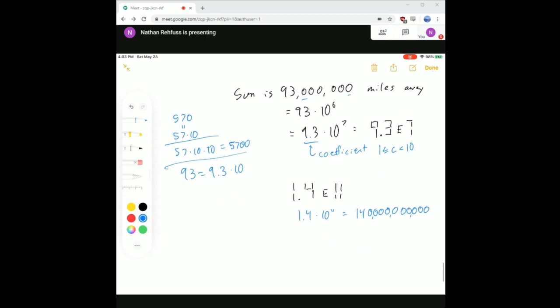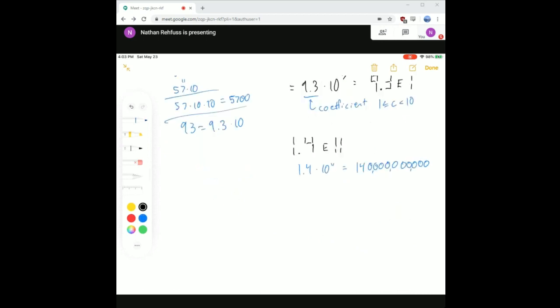A red blood cell in your body, you've got billions of them, and each one is 8 micrometers in diameter. A micrometer is a millionth of a meter. So in other words, if you've got a red blood cell here, they're kind of donut shaped, except the divot in the middle doesn't quite go all the way through.